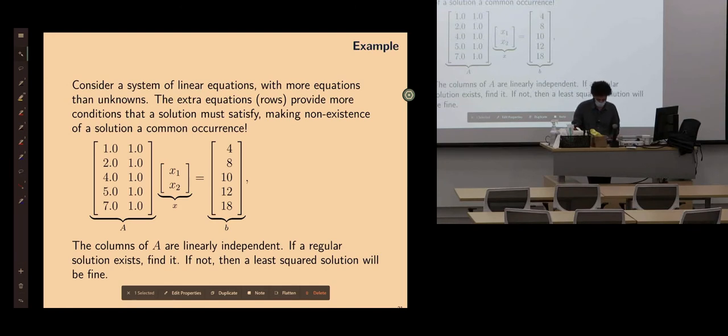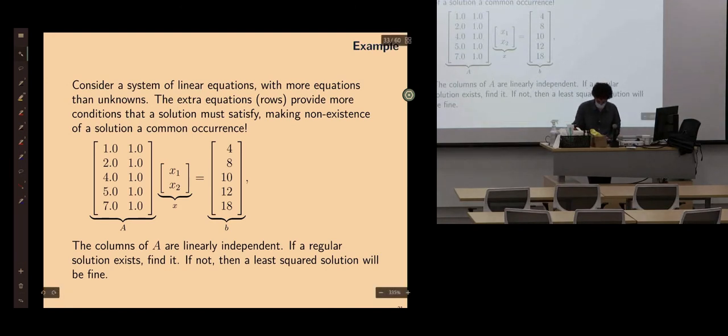So imagine we have this system of linear equations. Now we have more equations than unknowns. That's usually the case. We have more rows than columns.